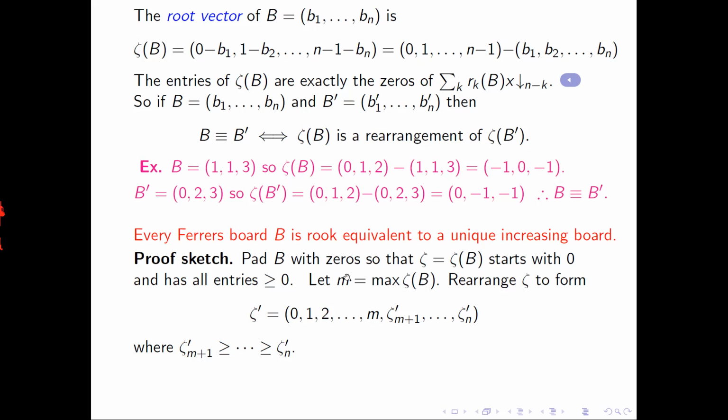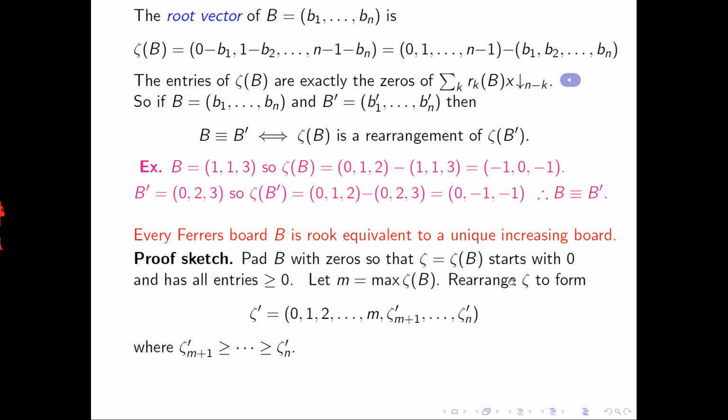So there are going to be entries in the root vector from m down to 0: there's going to be an m somewhere, an m-1 somewhere, an m-2, down to a 2, 1, 0. And then you have some other entries as well.